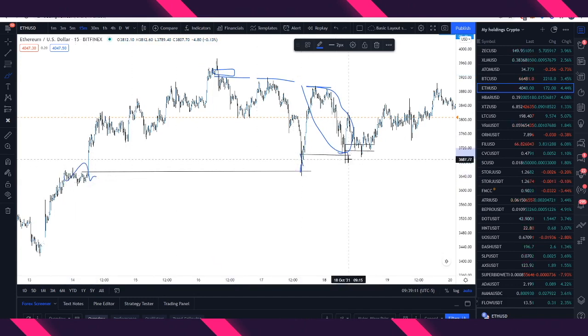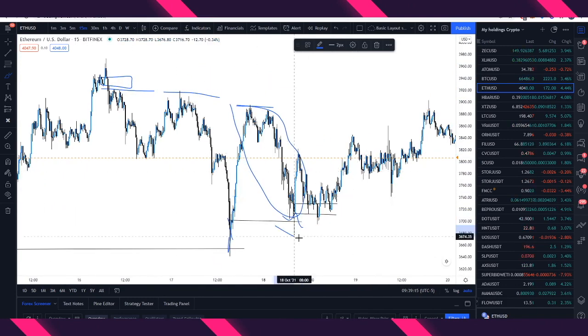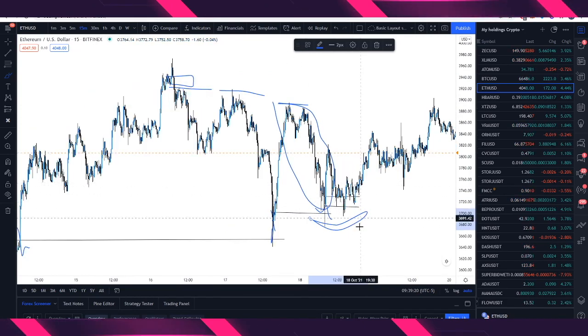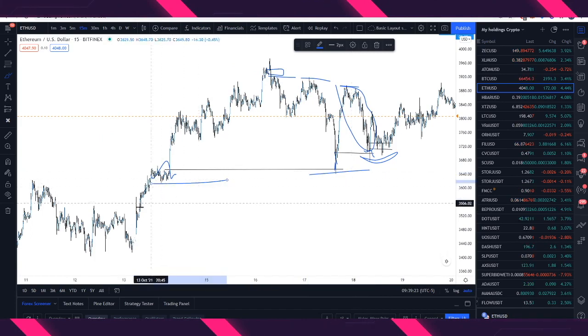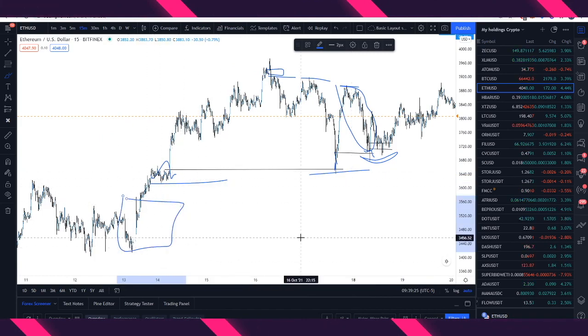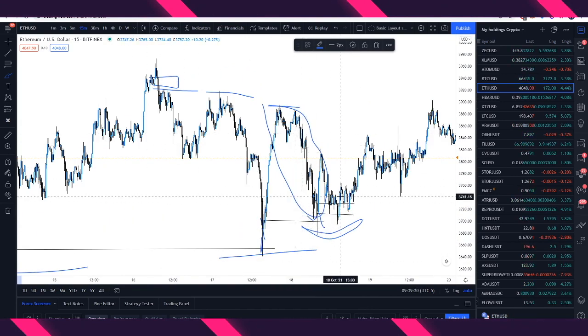This is all efficient, and this is all efficient. So technically, these lows, since it's all efficient, should be protected. Or if it runs all of this, it'll run here, and we'll come into this area where it's not efficient, right? So we have our frame of where we can enter, where we can place stops if we're looking for buys.